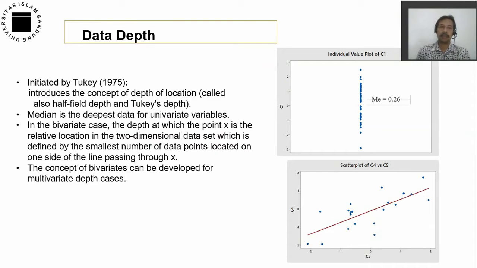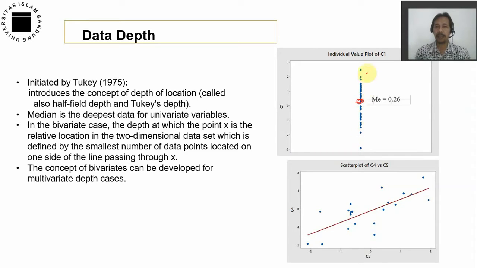Okay, what is data depth? Data depth was first initiated by Tukey, who introduced the concept of depth of location. As we know, for a univariate variable, the median is the deepest data.